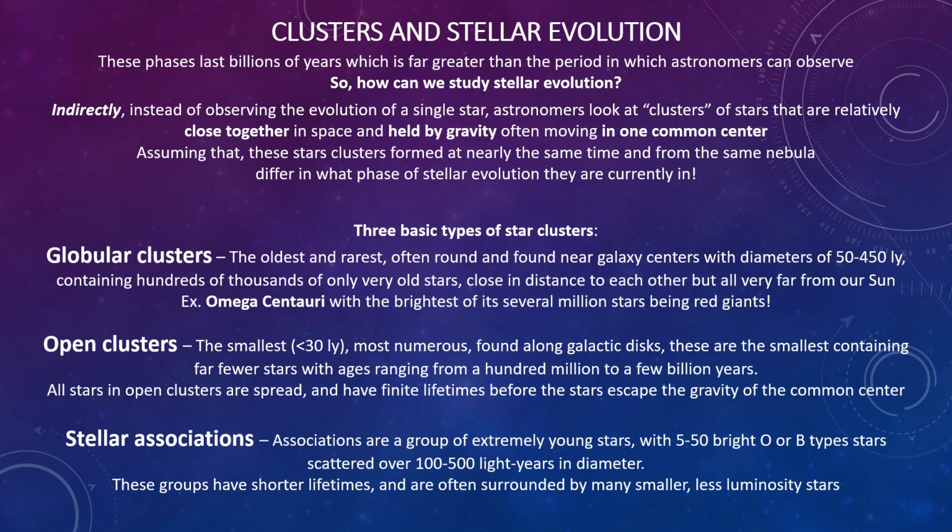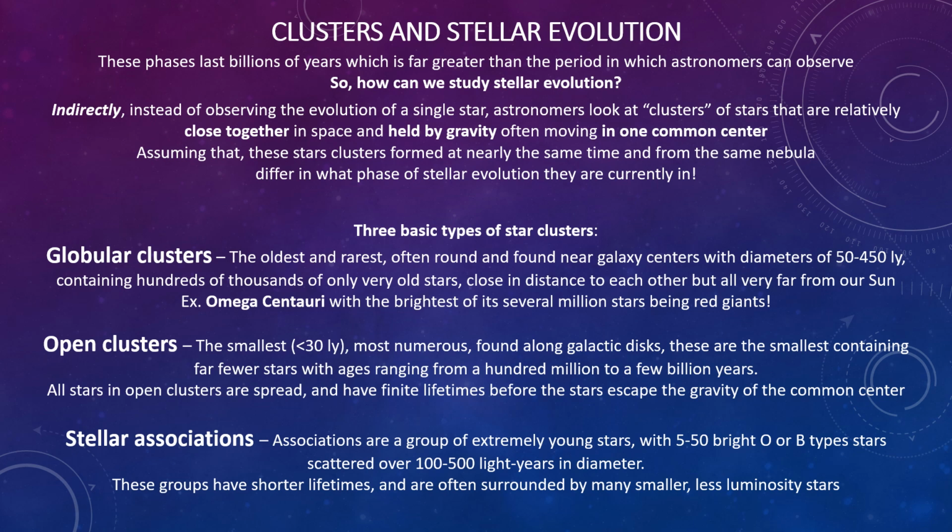So we can use these clusters that are relatively close together in space and are being held together by the gravity of all of the stars in that close space. They are moving with one common center. Assuming that, that means these star clusters formed at nearly the same time and from that same nebula, and they only differ in what phase of stellar evolution they are currently in.